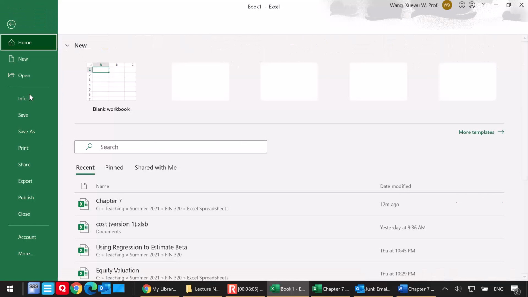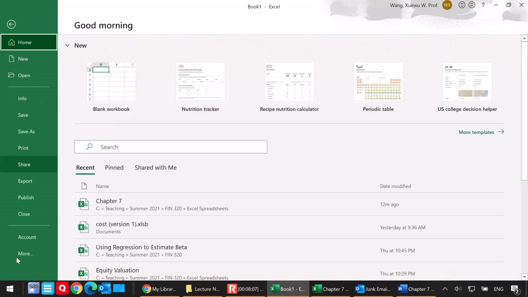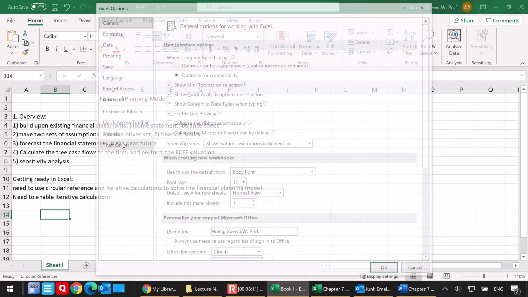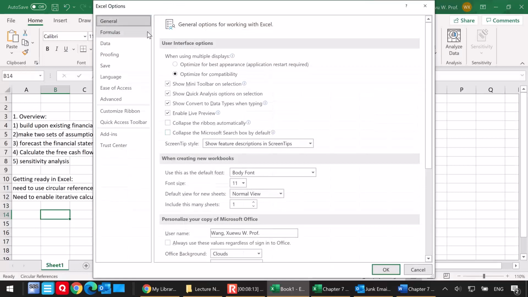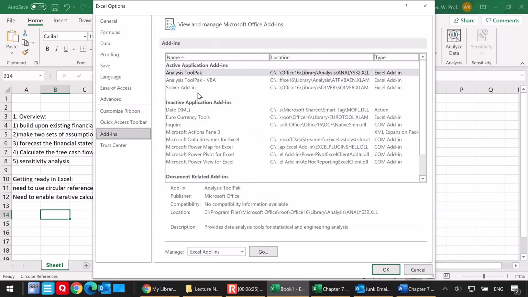So let me go to File, then Options, which brings up the Excel Options dialog, and go to Formulas. If I wanted the Solver add-in or Data Analysis ToolPak, I would go to Add-ins, where you can see all the active application add-ins.